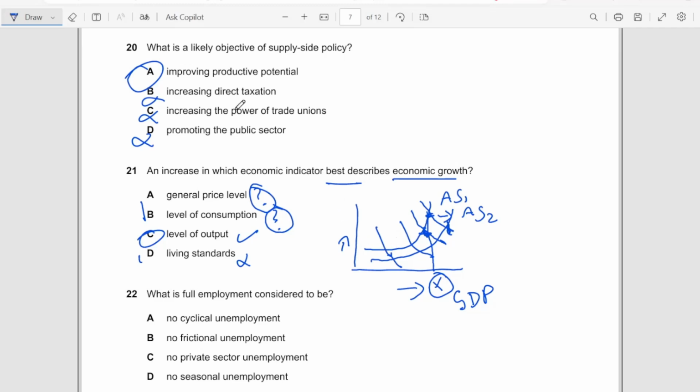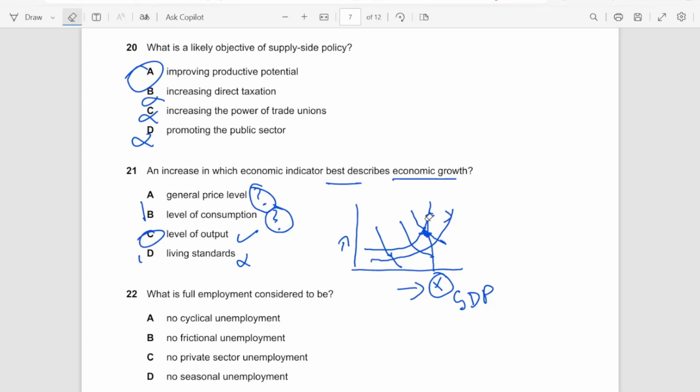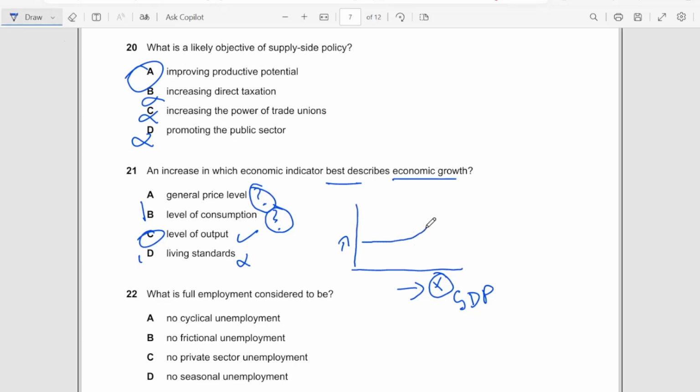Let me illustrate this here as well. Okay, let me just erase this. So basically, you see, when your aggregate supply curve was elastic, then an increase in aggregate demand caused your aggregate output to rise. An increase in consumption is an increase in aggregate demand, but it will not always be the case that it increases the aggregate total output.